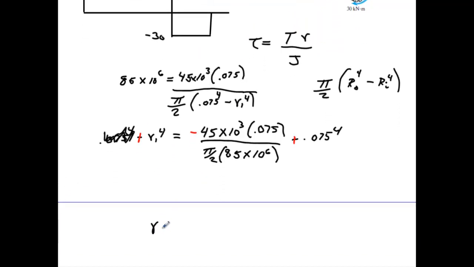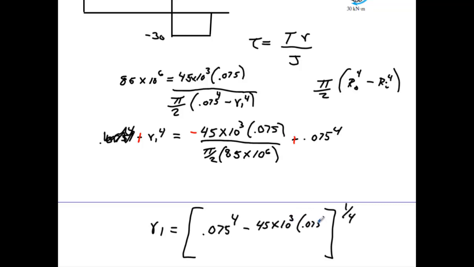We could say R1 is going to equal all of this to the 1/4 power, and I'll move this over to the front. Run those numbers.